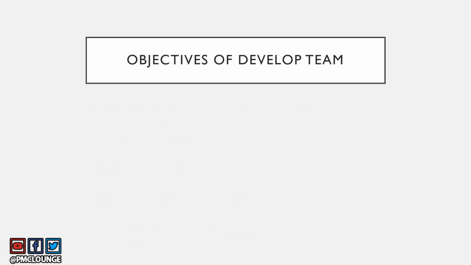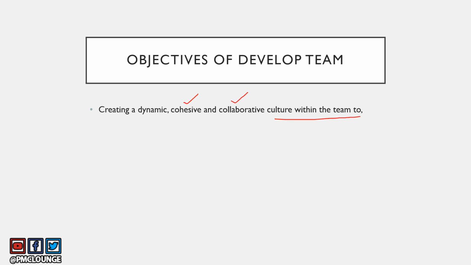Let's finally look at the objectives of develop team. Number one is creating a dynamic, cohesive, and collaborative culture within the team. This will help in allowing cross-functional training because there will be cross-functional team members in your project, and mentoring between the project team members by sharing knowledge.